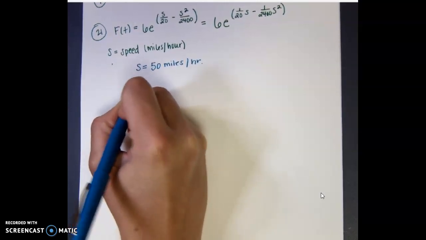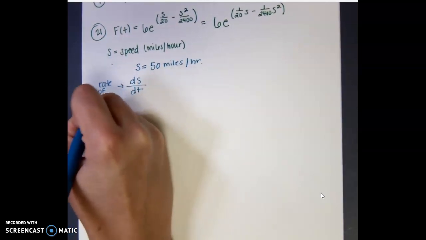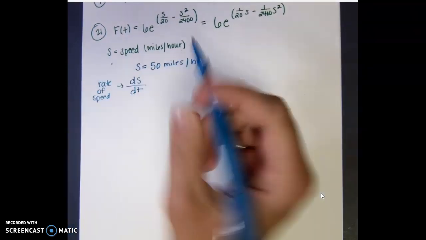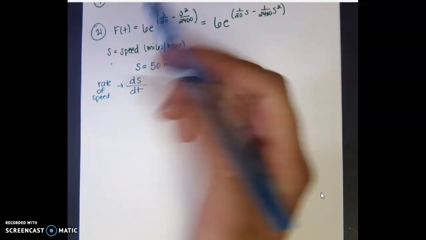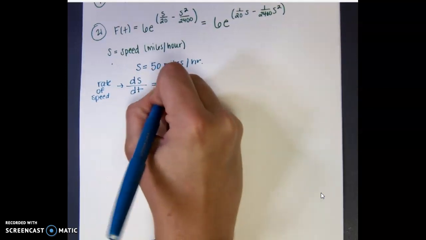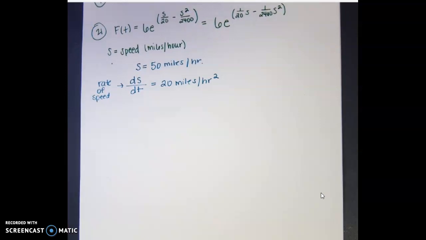If I want the derivative or the rate of speed, that means the derivative of speed with respect to time, so ds over dt, and that is 20 miles per hour squared.